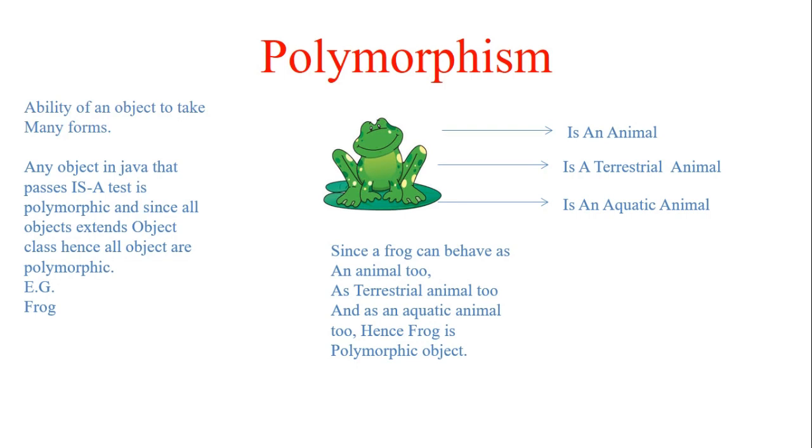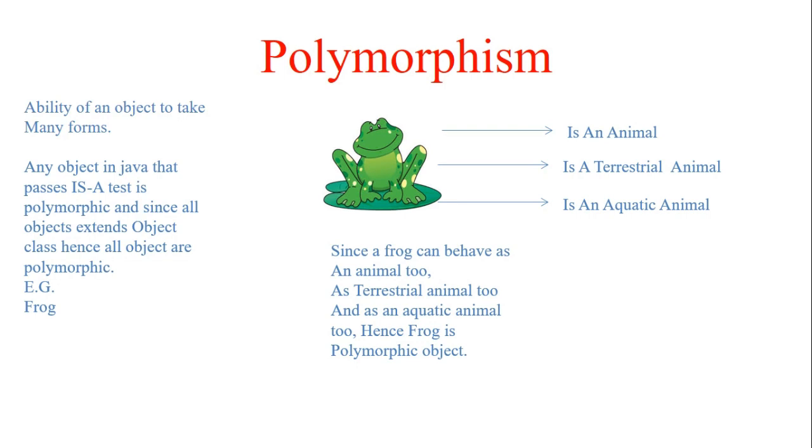For example, a frog can behave as an animal also, and it can behave as the child, the terrestrial animal and aquatic animal both. So in this way, we can create an object of frog, and we can create and point it to an object of animal also. I'll tell you how in later videos. But understand that whenever an object is passing the inheritance test, it automatically becomes polymorphic.